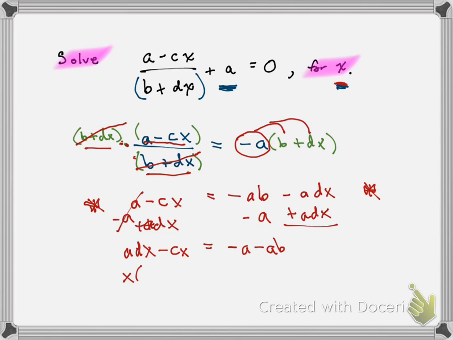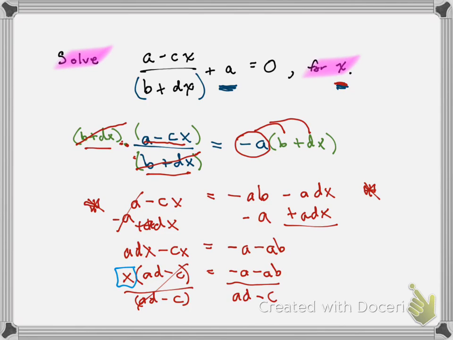Factor out my x. x times the quantity ad minus c is equal to negative a minus ab. I'll divide by the quantity ad minus c, and that reduces just to x, and we've got x is equal to this quantity.